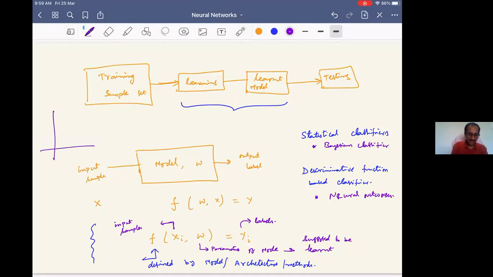If the samples are given, the first class of classifiers tries to capture the distribution P of X given omega 1, and P of X given omega 2, and so on, and then puts a decision boundary. The other class directly brings in some decision boundary to separate the samples, whether linear or nonlinear. Those are discriminative function-based classifiers. We'll see that in the next class in more detail.